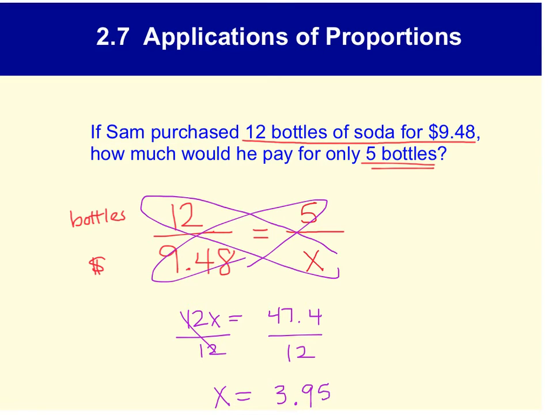Now because this is a word problem, I want to make sure that I label this 3.95. Is this a bottle amount or a dollar amount? We can answer this two ways. It says how much would he pay, and we also put our unknown down here where the dollars are. So this is $3.95.